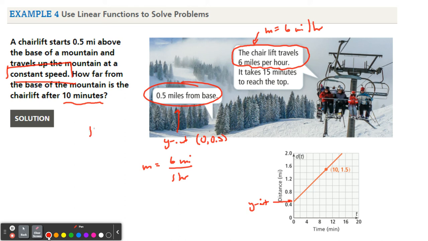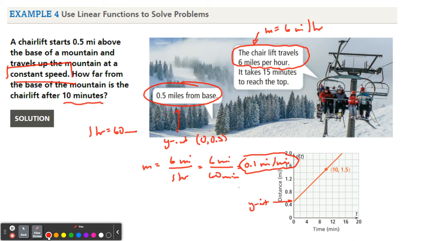Well, 1 hour is 60 minutes. So I'm going to replace this 1 hour with 60 minutes. 6 miles in 60 minutes. And if I divide that, you get 0.1 miles per minute. This is my new slope.